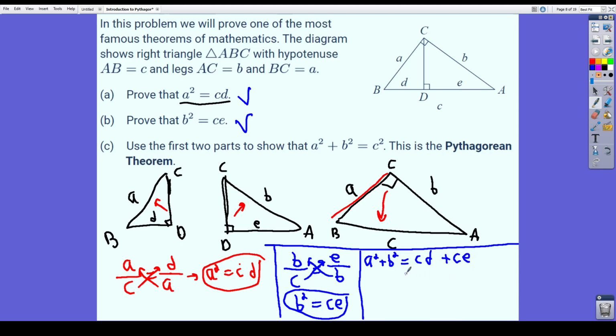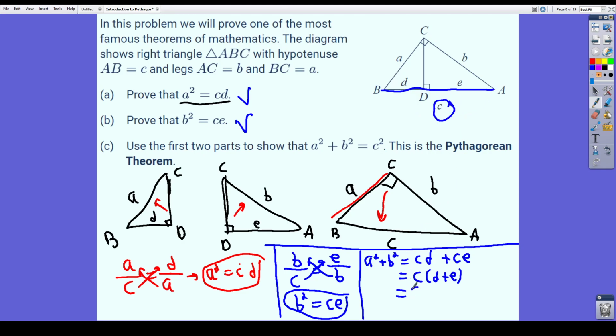And I notice both terms, cd and ce, have c in them, so I can factor out that c. And I'm left with c times d plus e. But what is the length of d plus e? Well, if I look at it, d and e put together equal this whole length c.